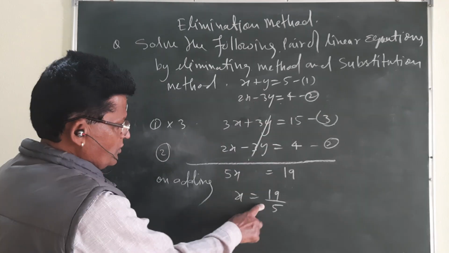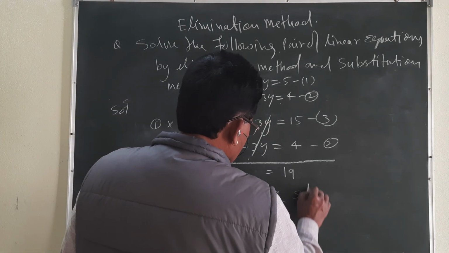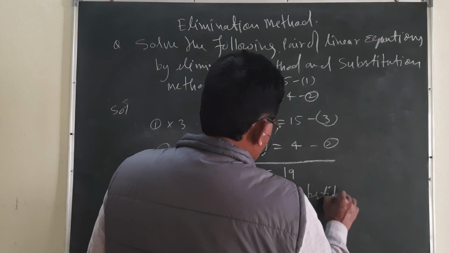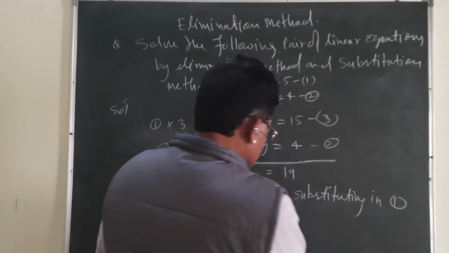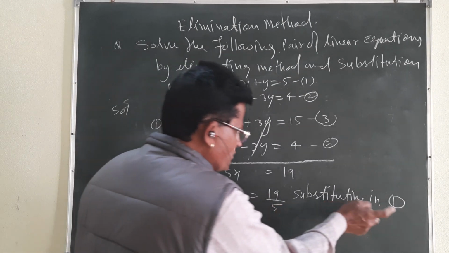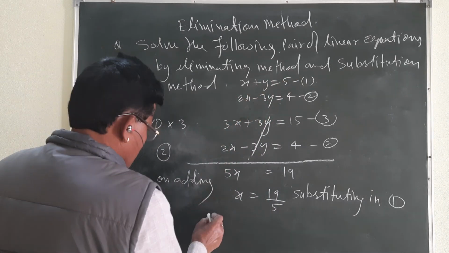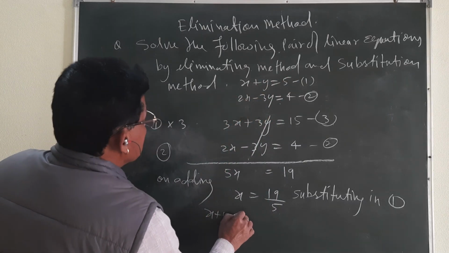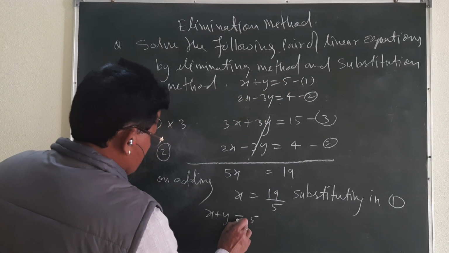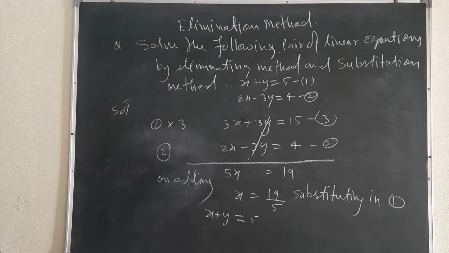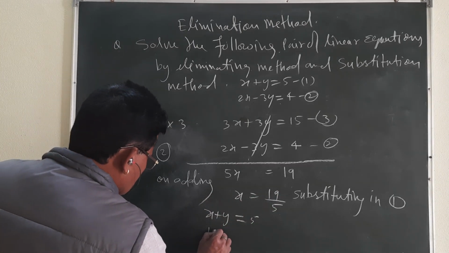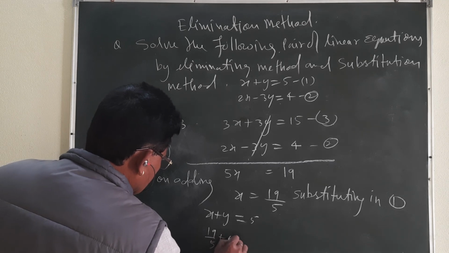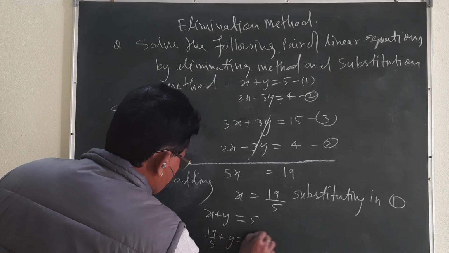That is why we substitute this value of x, which is 19 upon 5, in equation 1. What is equation 1? x plus y is equal to 5. Substituting, 19 by 5 plus y is equal to 5.